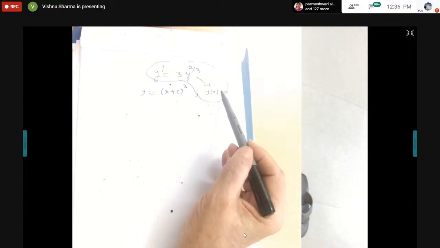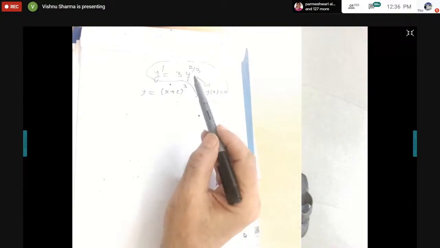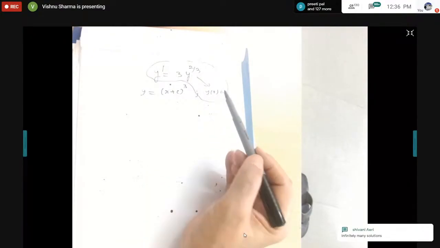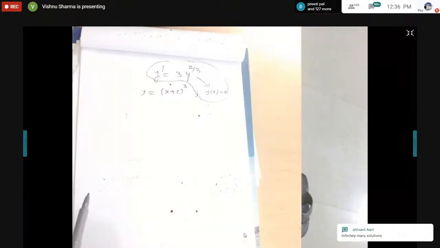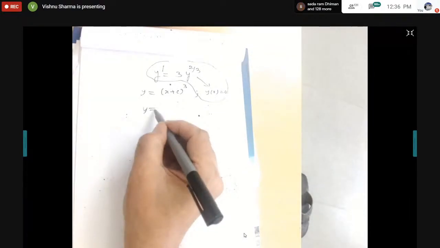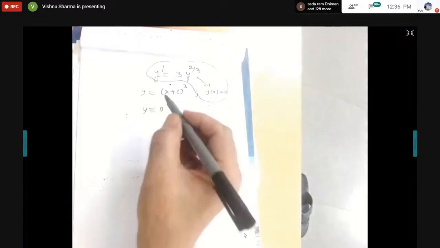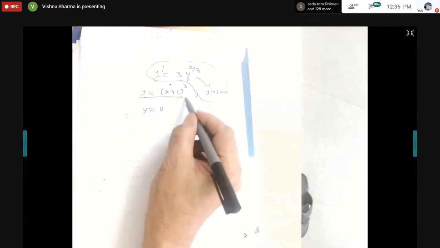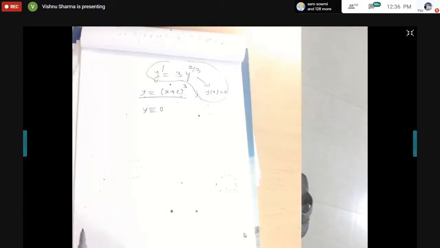No, it does not. So can you identify some of the solutions? y equal to 0 is also a solution, which is not dependent on the constant. From here c is equal to 0, so y is equal to x cube. Is there any other solution?